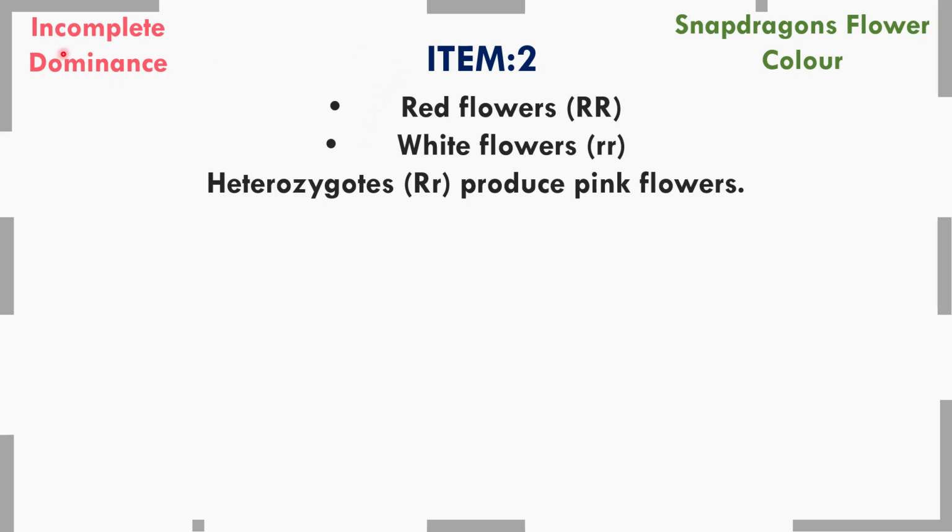Let's now look at incomplete dominancy. We shall look at the snapdragon's flower color. Item 2. Red flowers, capital R, white flowers, small r. The heterozygotes, capital R, small r, produce pink flowers.